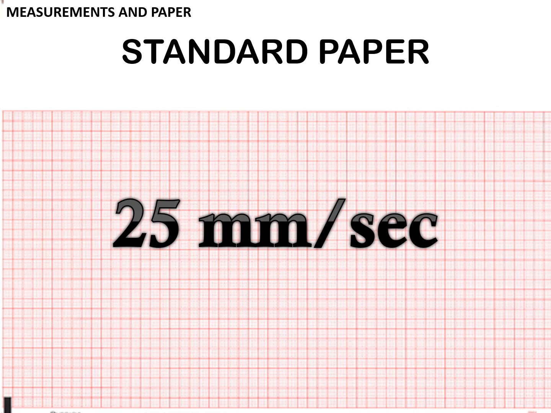Sometimes what they'll do is they'll take that printer and they will speed it up. They'll make the printer print twice as fast. When they make it print twice as fast, it makes the QRS complexes twice as far apart. And when they do that, they're able to assess the rhythm a little better. That's about the only time you'll ever see that. Otherwise, standard paper speed is 25 millimeters per second.